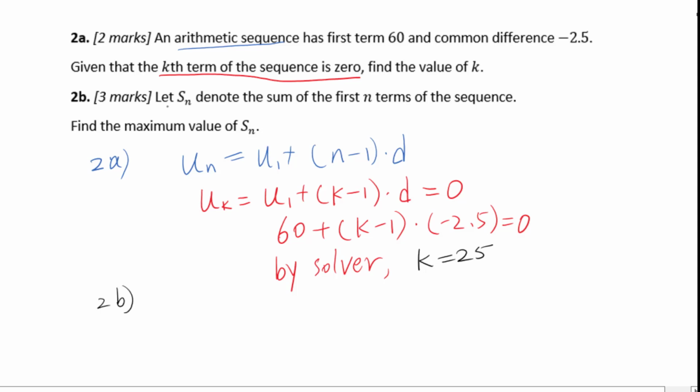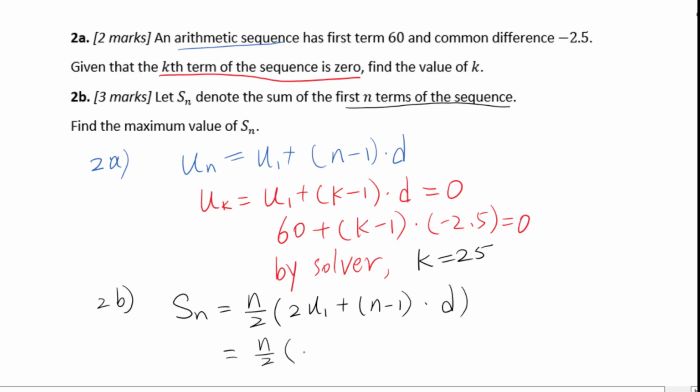For 2b, let S sub n denote the sum of the first n terms of the sequence. Find the maximum value of S sub n. We know S sub n, for an arithmetic sequence, we will use n over 2 times 2 U sub 1 plus n minus 1 times d, equals n over 2 times 2 times 60 plus n minus 1 times negative 2.5.